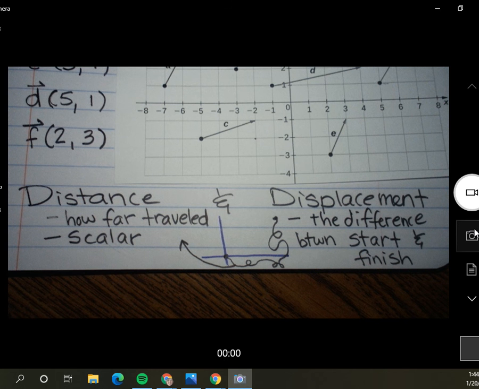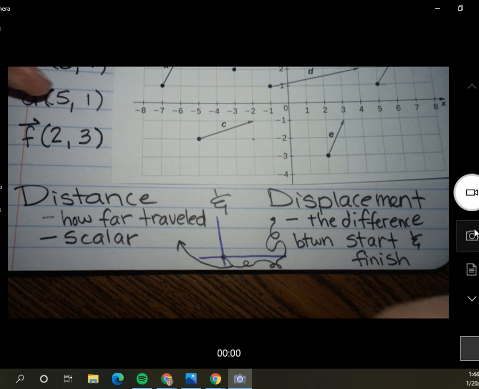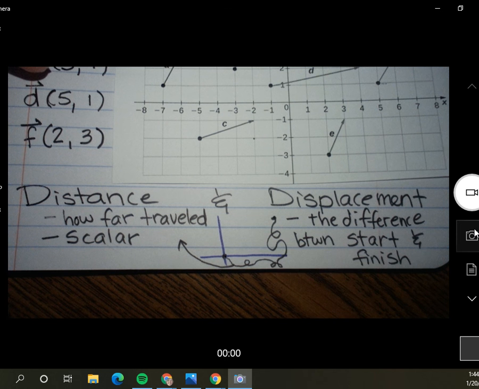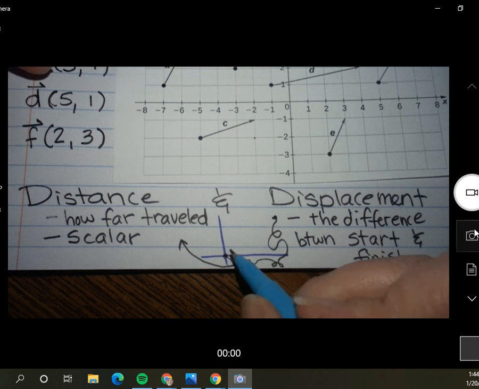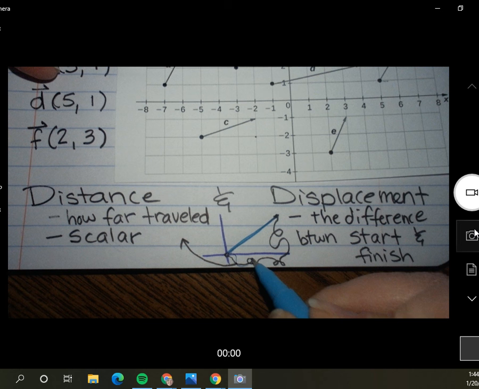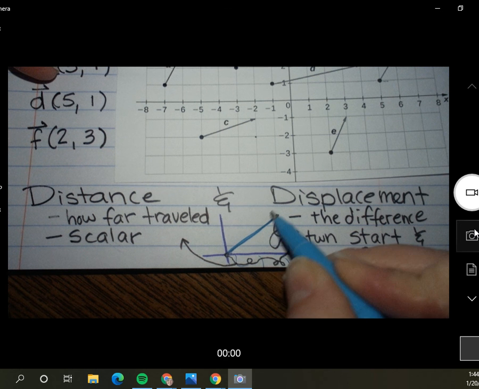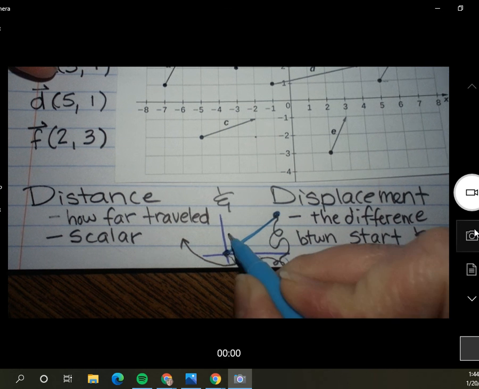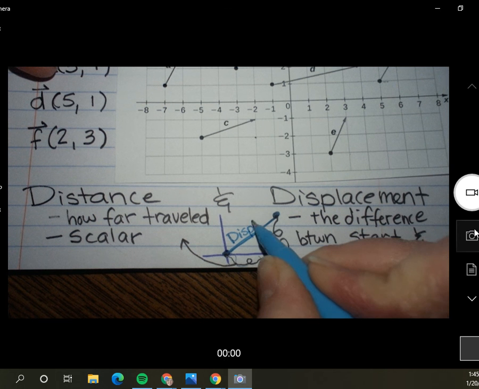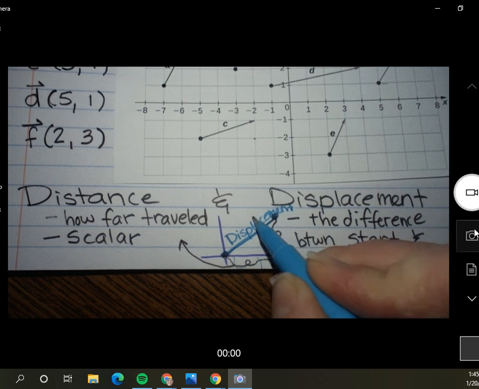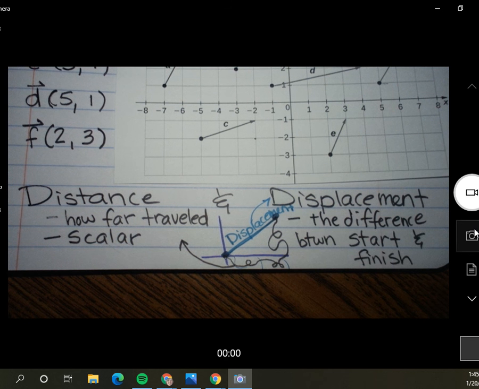But what's the displacement of that? Have you ever heard anybody say the shortest way to get from point A to point B is a straight line? That's your displacement. If I walked all this way, whatever, but my displacement is still the difference between. So we want to be mindful of those two words and keep them separate.